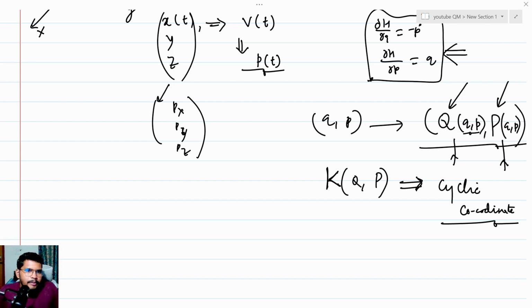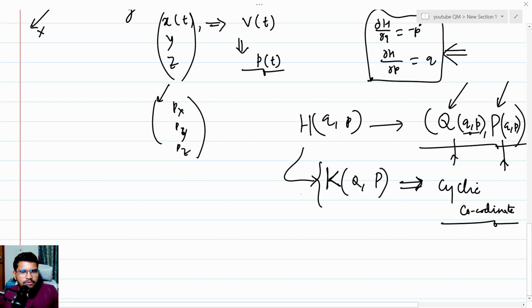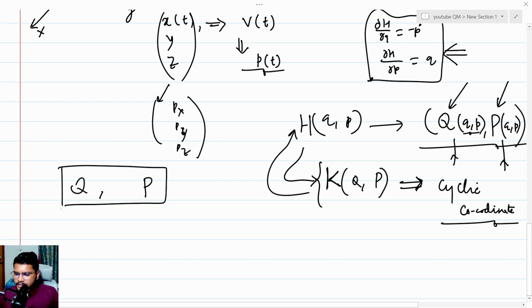But Q and P could be arbitrary, right? It could be anything. How do I know that if I start from this H, I will end up with this K, and if I do the reverse calculation, I will get back this H? It is only possible when we have some constraint on this Q and P, right?